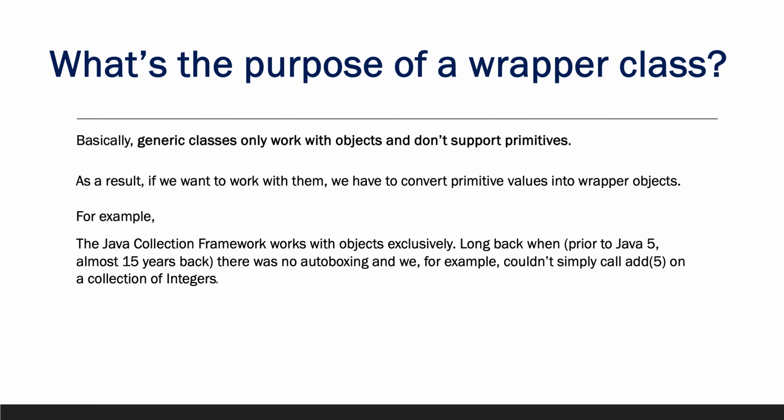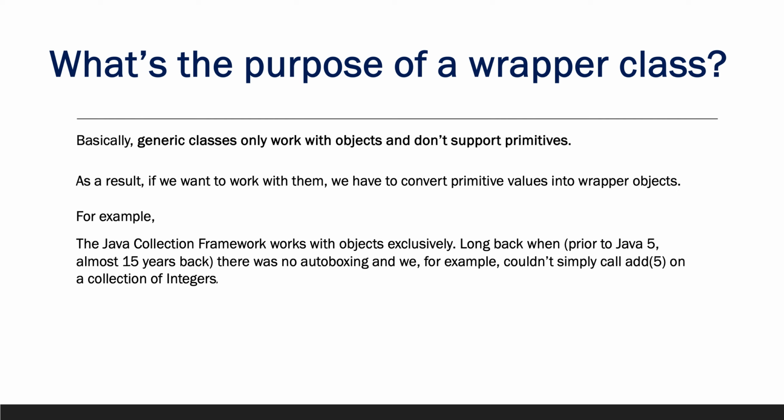For example, the Java collection framework works with objects only. Long back, before Java 5, almost 15 years back, there was no concept called autoboxing and unboxing. We will see what autoboxing and unboxing are. Basically we were not able to add primitive data type values in the collection types.